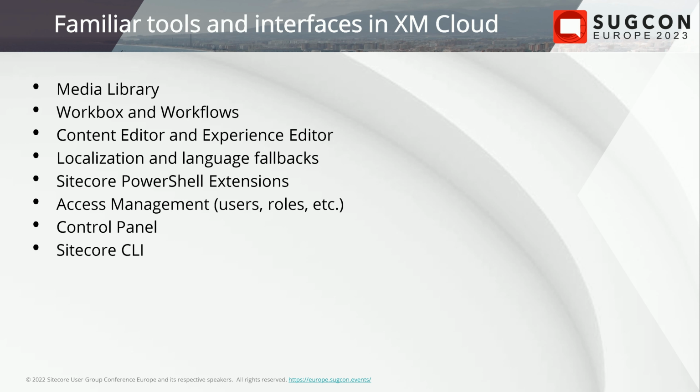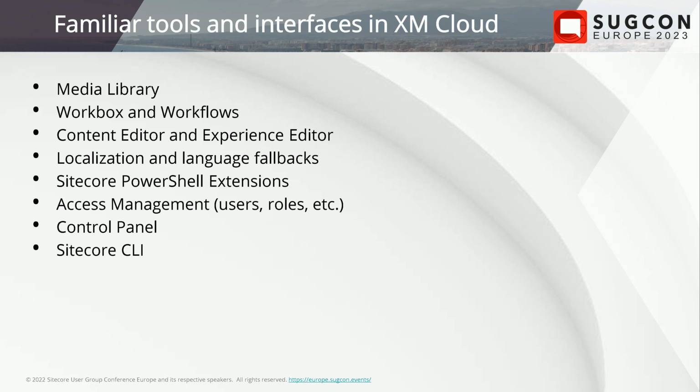Let's look at what we have inherited from XP. We got the good old media library, which is now powered by Azure Blob Storage. However, Edge CDN has a limitation of 50 megabytes per media item. You do have workboxes and workflows. You have both editors, content and experience. You do have localization. You can do language fallbacks.